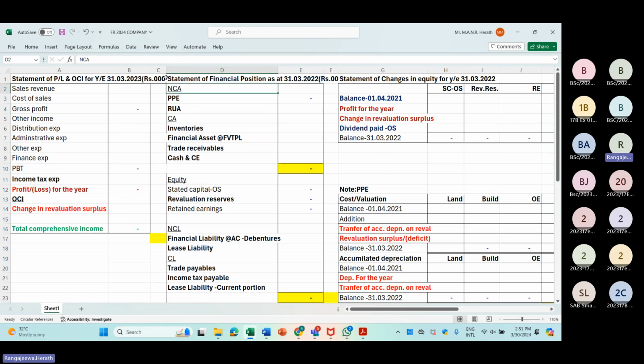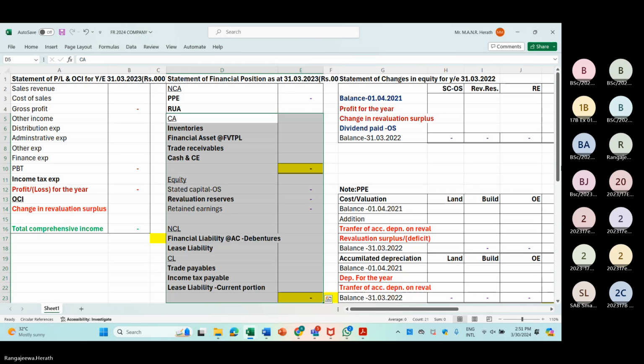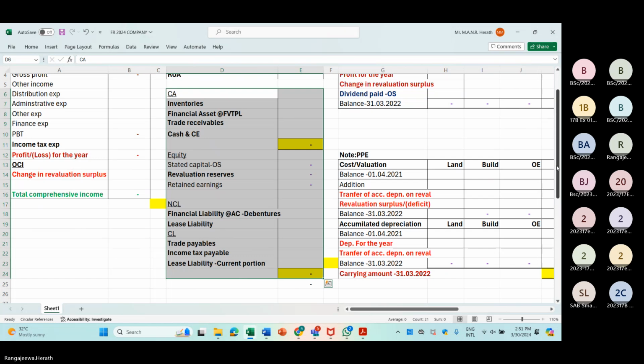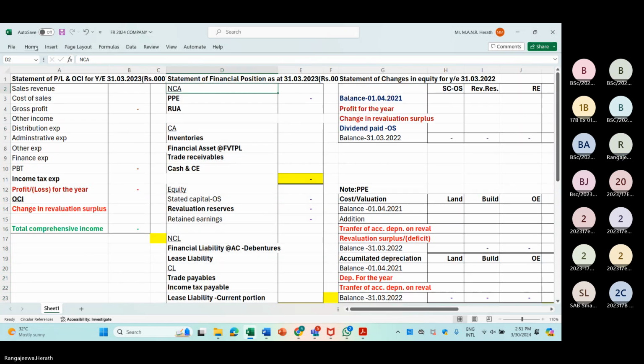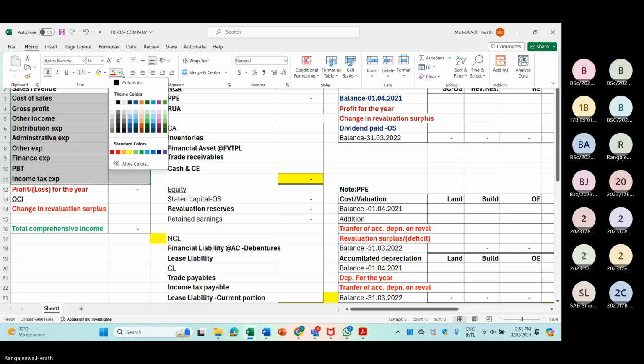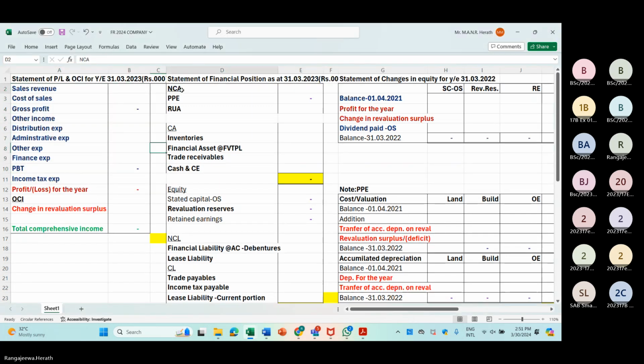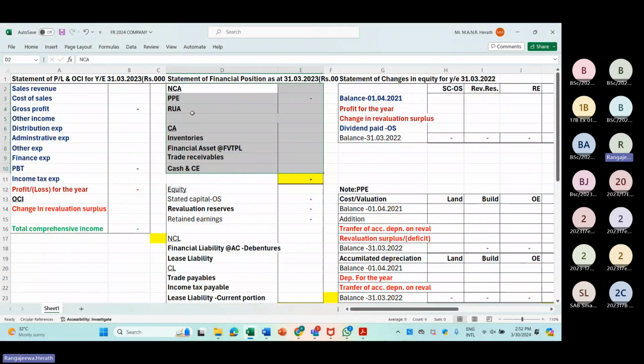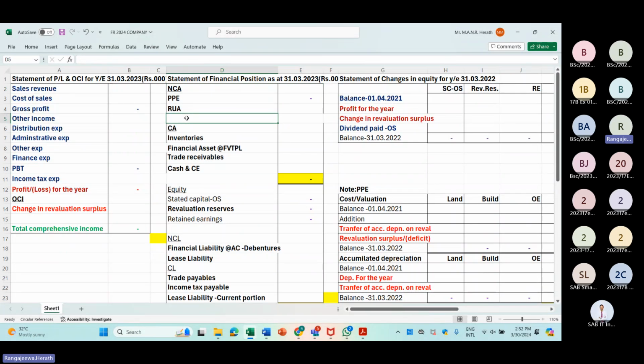Then the statement of financial position, 31st March 2023. There we have non-current asset. Under that, we have property, plant and equipment, right of use asset and intangible asset.